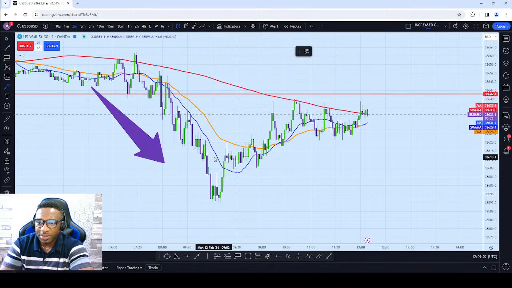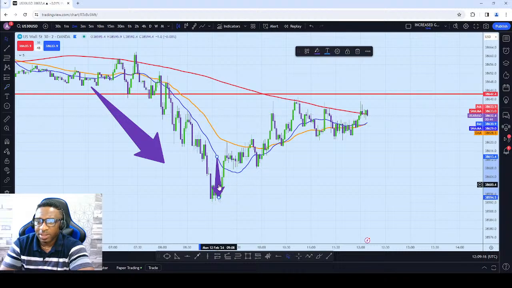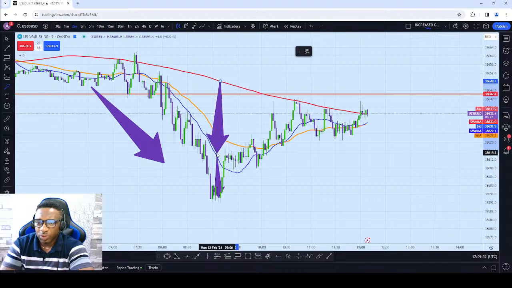If we look at the distance from the blue line to where price got to, it's in the wide state compared to when price was near the 20 moving average. And in relation to the 200 moving average, there's a wide space to the 20 moving average as well.